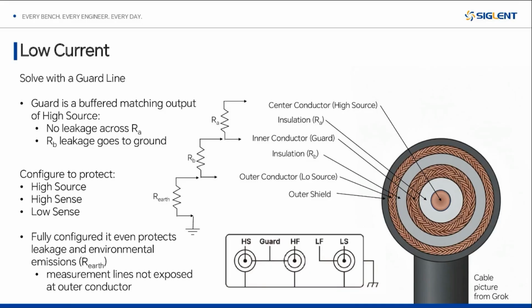So in a complete configuration here, we might use 3 triax cables to protect, as you see in the graphic here, the high source, the high force, the high sense, and the low sense lines, with inner conductors around them that are all at the same potential to eliminate leakage, and then all earth protected on the outer shield to really maximize your protection from both the environment and from other signals.